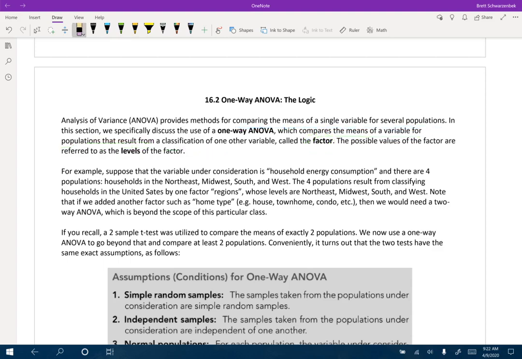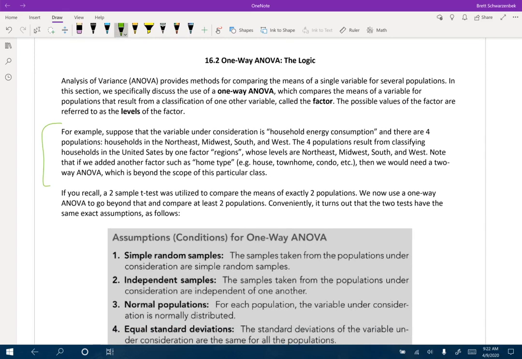So let's just give this a face a little bit. I'm going to read this. It says, for example, suppose that the variable under consideration is household energy consumption. And there are 4 populations. So essentially you have Northeast as one population, Midwest is one, South is one, and West is one. So these are the 4 populations that you're going to be dealing with.